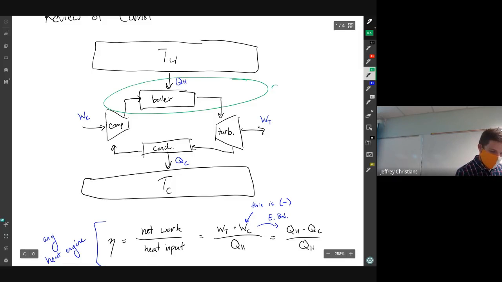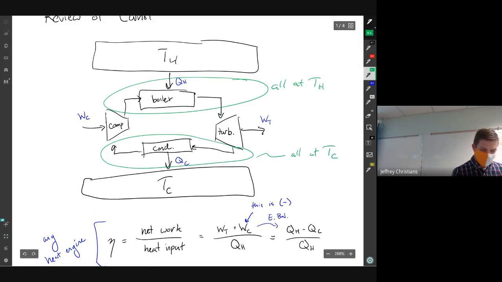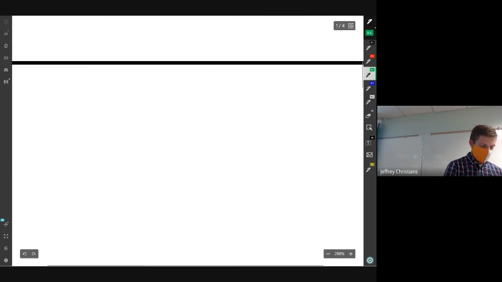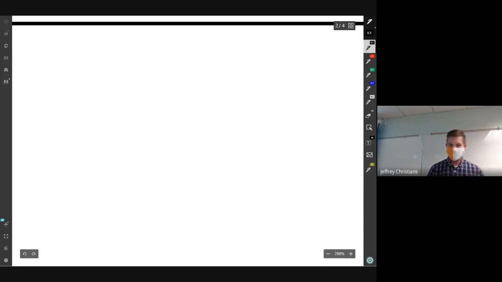The whole top is all at TH. The whole bottom is all at TC. So we define our system by these 2 operating temperatures, and that's the defining feature of a Carnot cycle. We don't actually attempt to do that, and let's dig into a little bit of why.